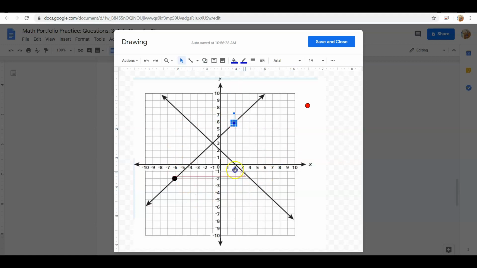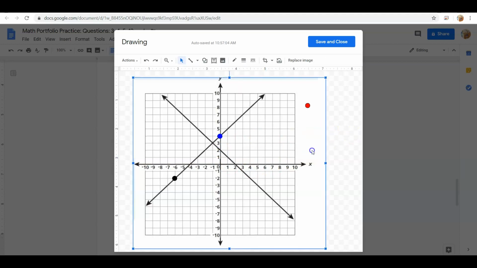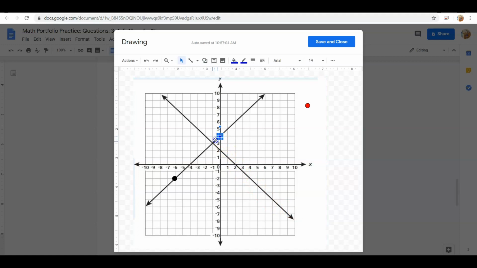Let's see, is it there? Well, it's technically touching two lines, but I need it to be on the equation line. So that's not a point that I could put. What about here? Is that on both equations? Well, it's on this equation, but this equation it's still not a solution for. So I'm going to take this dot now and put it here.